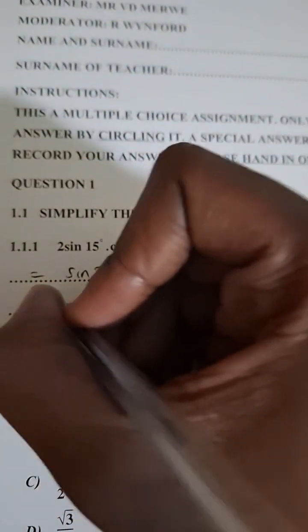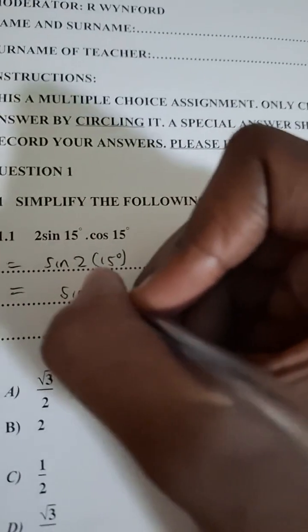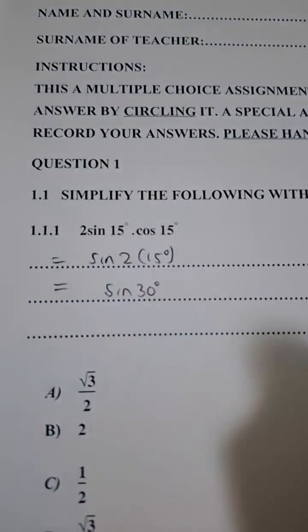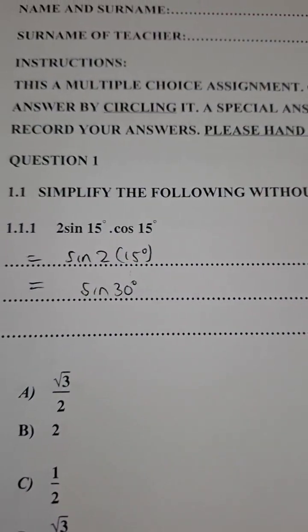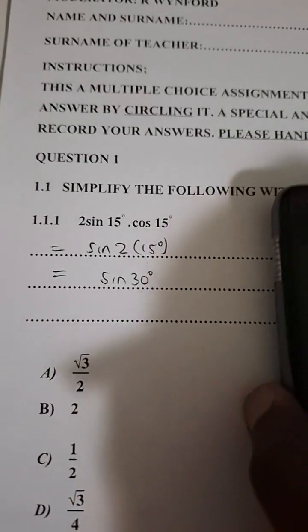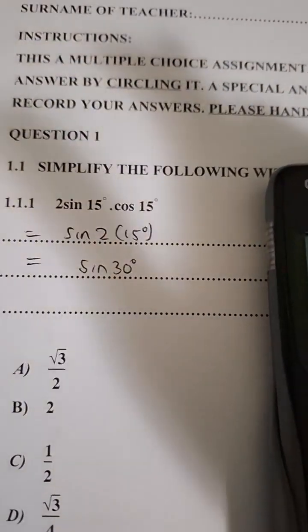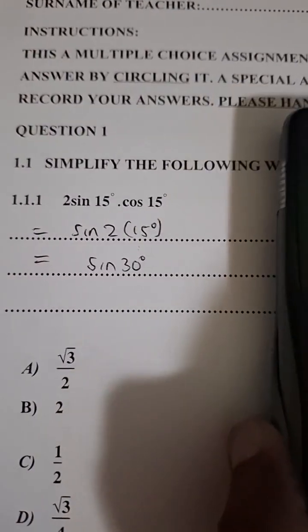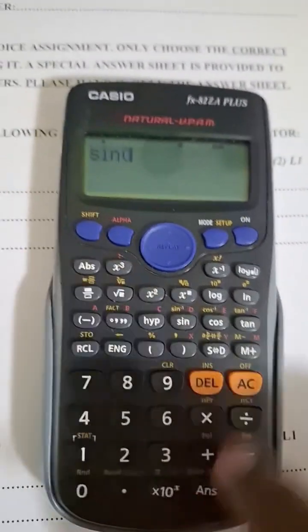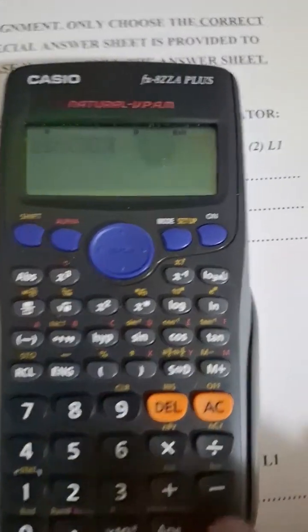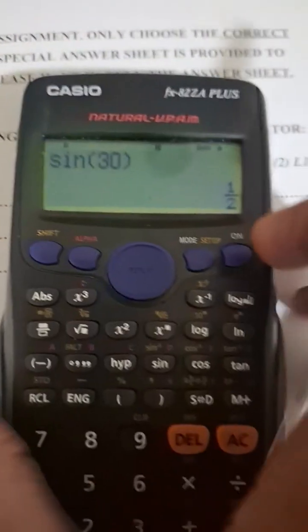Then this is equal to what? Sine of 30 degrees. And then you put this in your calculator. Now, you may not necessarily know your special angle triangles, but in grade 11 and 12, it's no problem. At this stage, you can just go to your calculator and say sine of 30 degrees, and then, bam, you've got that answer.